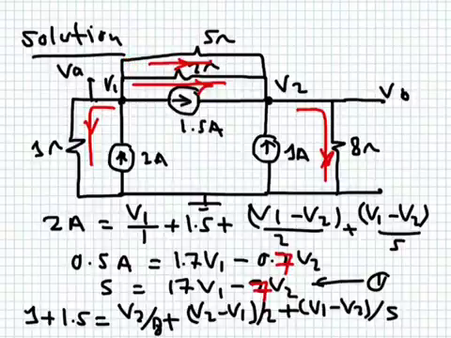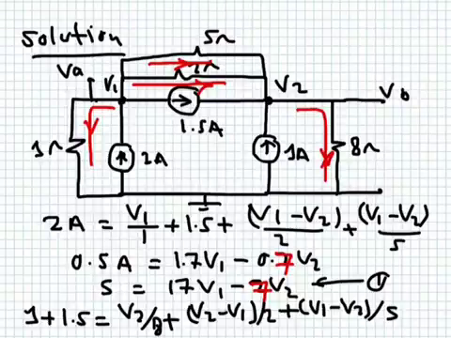Again, we can keep this current this way and then write them as currents flowing in, or I can simply write them as V2 minus V1 over 2 and V2 minus V1 over 5, and in that case they are flowing out.